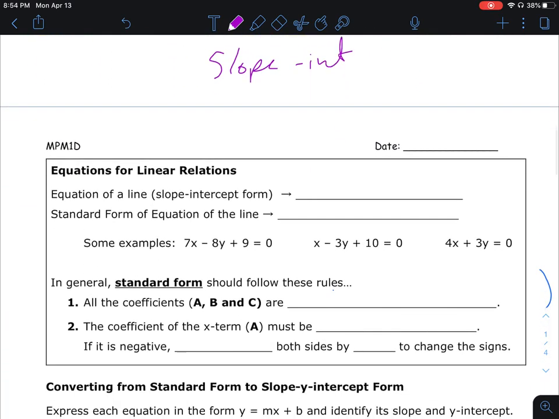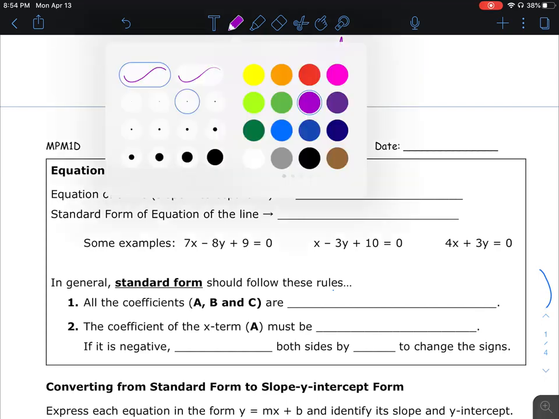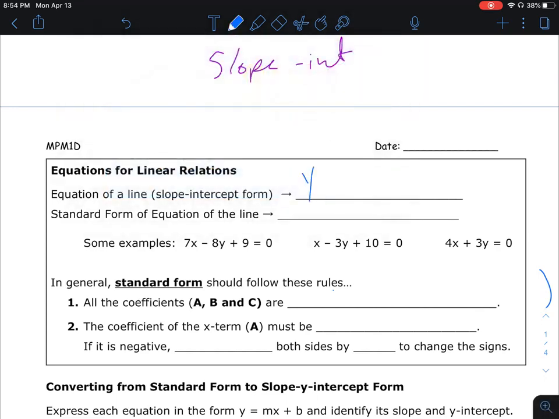So when we talk about equations of a line in slope-intercept form, we know it to be y equals mx plus b. The equation of a line in standard form is ax plus by plus c equals 0. So there's a term with the x, a term with a y value, and a constant term represented by the c.